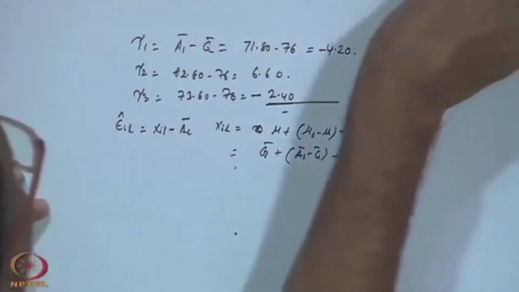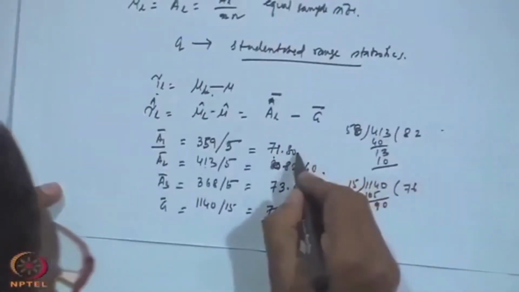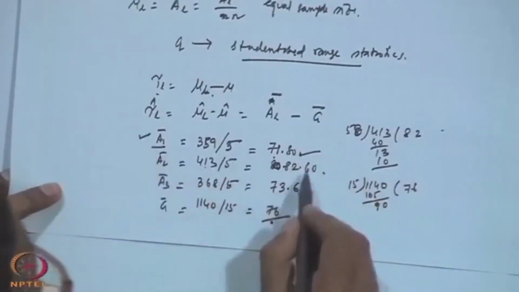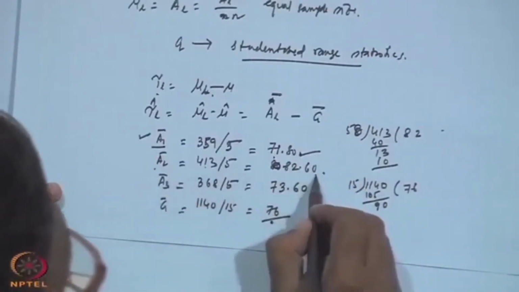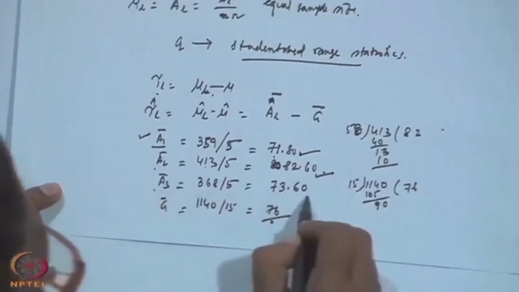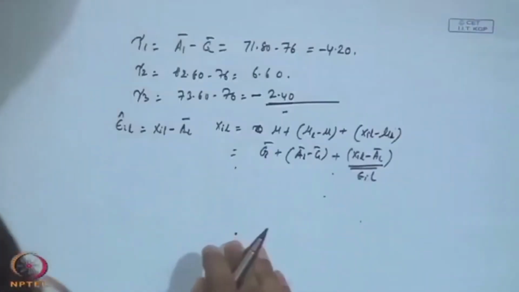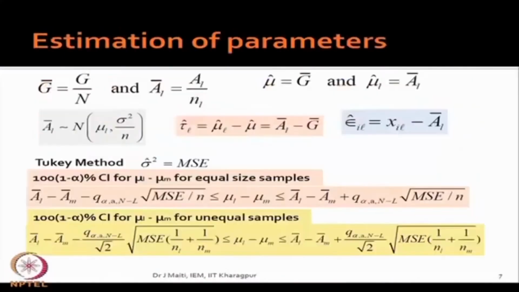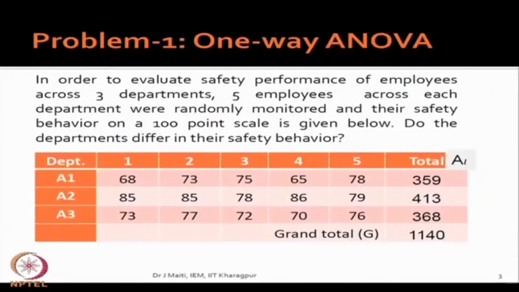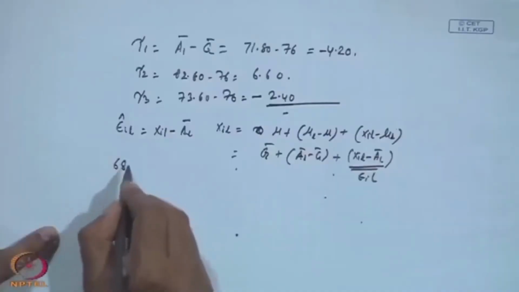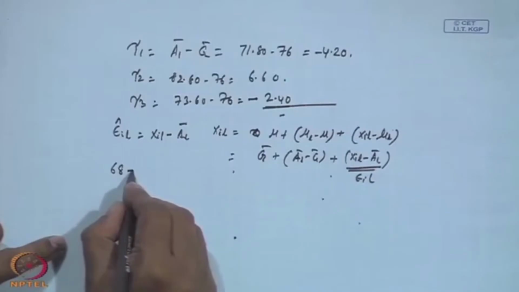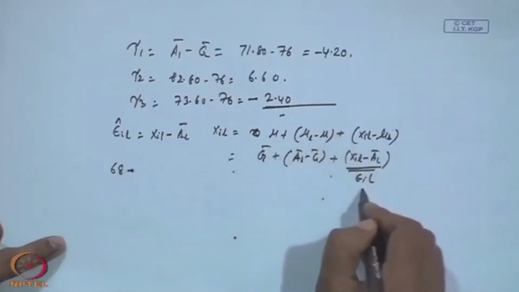Now, you have already computed A_l bar. A_l bar is 71.80 for A1, for A2 it is 82.6, and for A3 the bar values are there. So you go back to the original table again. Now, 68 across A1, 68 minus, what is my G bar?